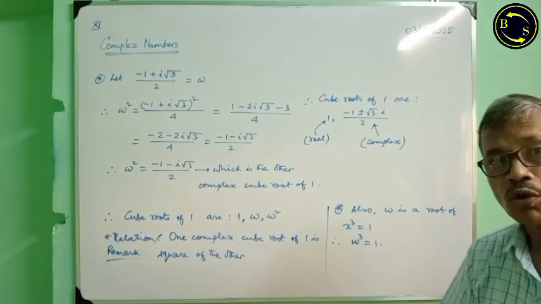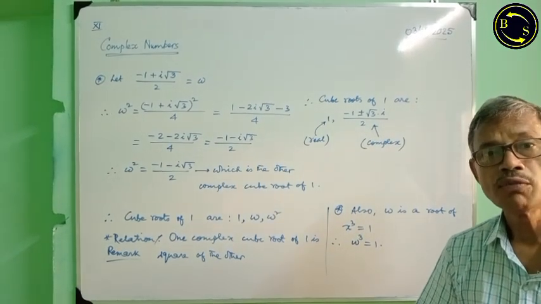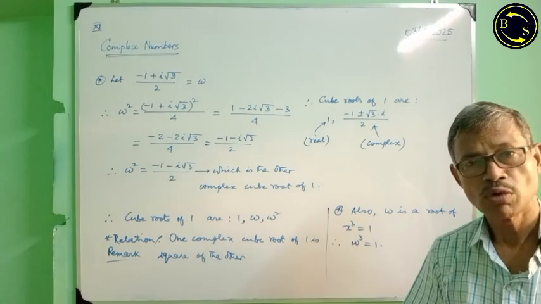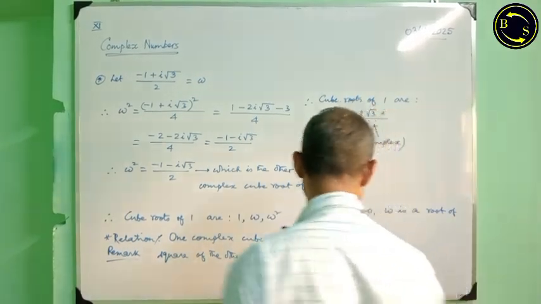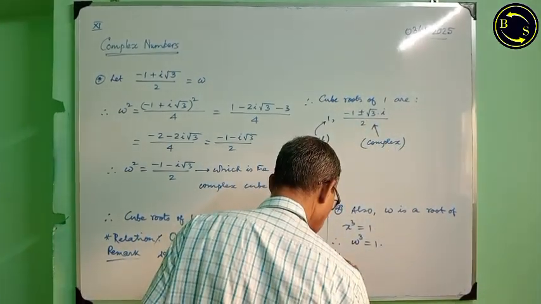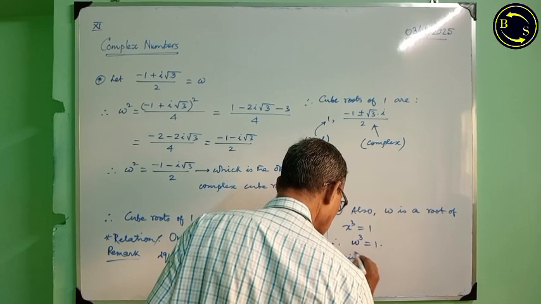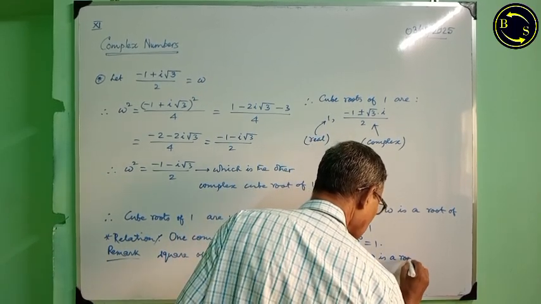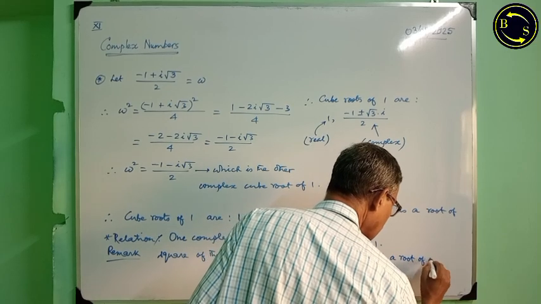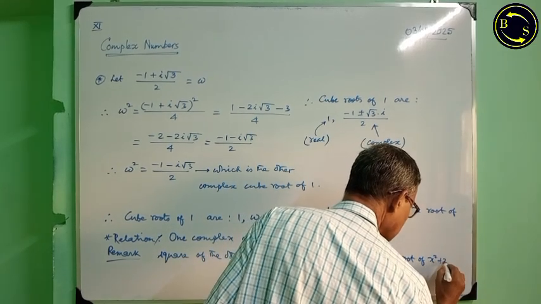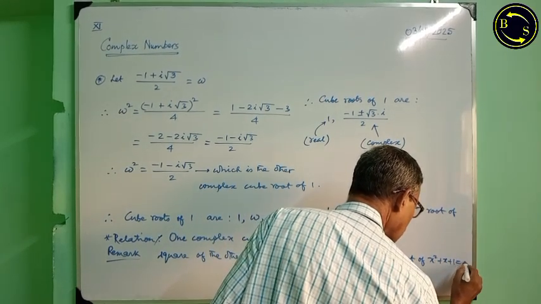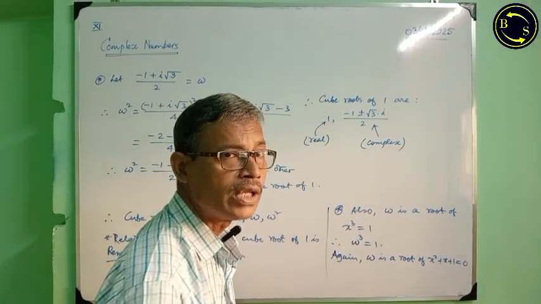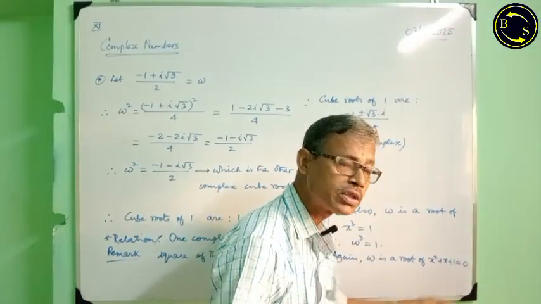Therefore, omega is also a root of x square plus x plus 1 is equal to 0. Then omega will satisfy this equation.